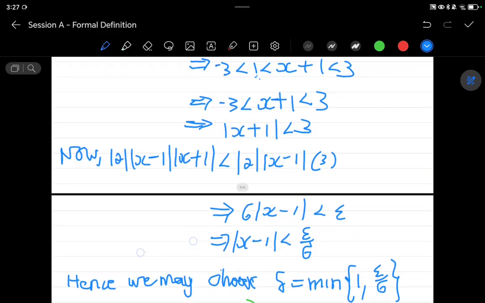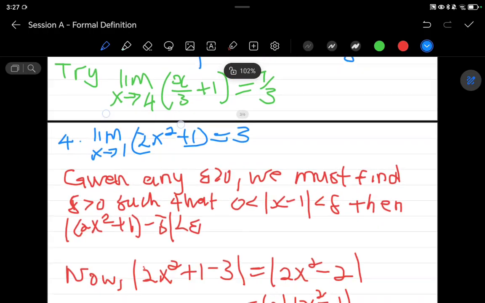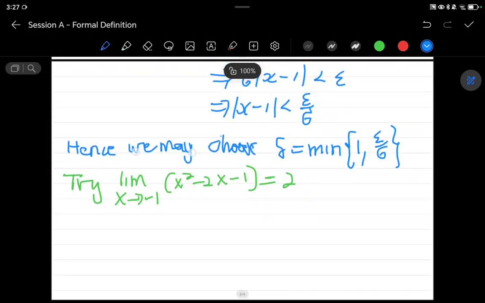This was number 4, it's fine, so we'll make this number 5.